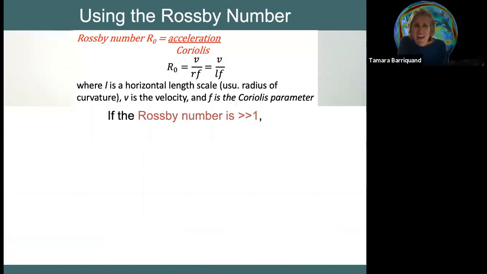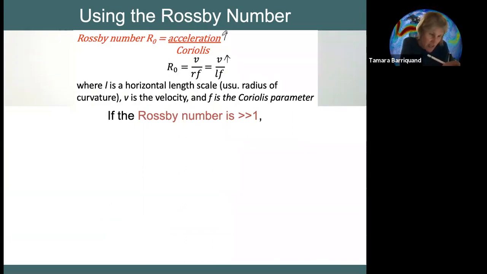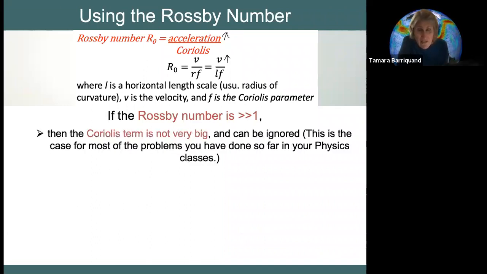So if the Rossby number is greater than 1, that means that V is greater than L times f. That means that our acceleration is greater than Coriolis. So if the Rossby number is much greater than 1, then the Coriolis term is not very big and we can ignore it.